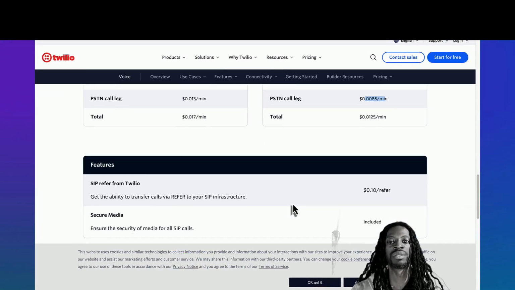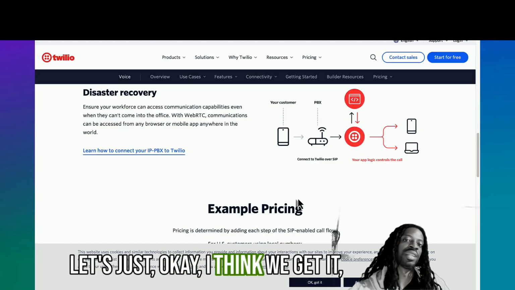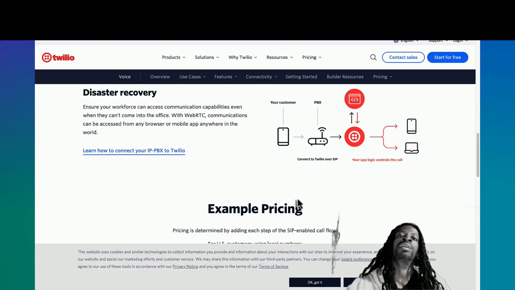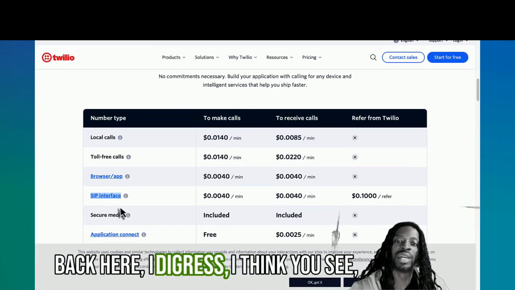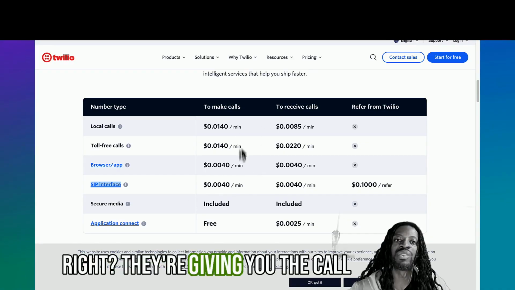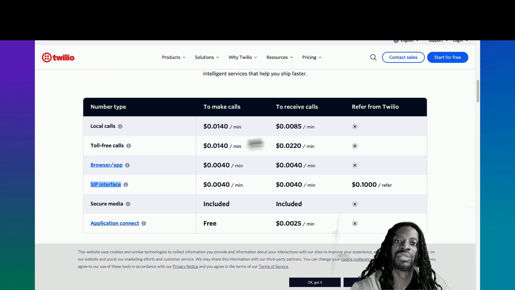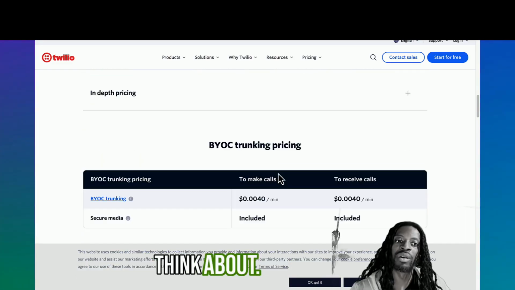Like, come on. Okay, I think we get it, right? So, I'll go back here. I digress. I think you see what I'm trying to highlight for you, right? They're giving you the cost for everything.